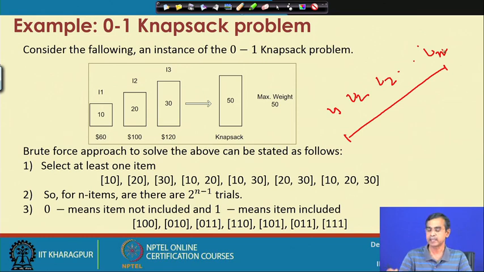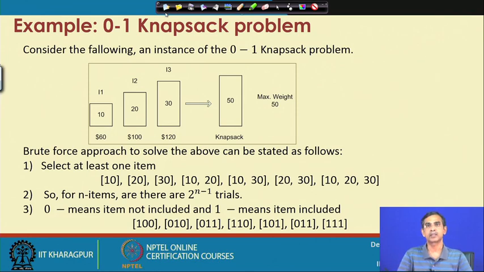If an item is selected, we place 1; if it is not selected, 0. This way, the subset of the n items which has been selected for the solution is one chromosome. So, this way you can represent the chromosome.